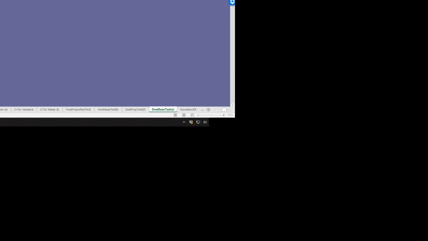Sample mean was 16.05. And the standard deviation was 0.03, is that right? Sample size of 50. Significance level 0.05. So here's the critical value. There's the output.